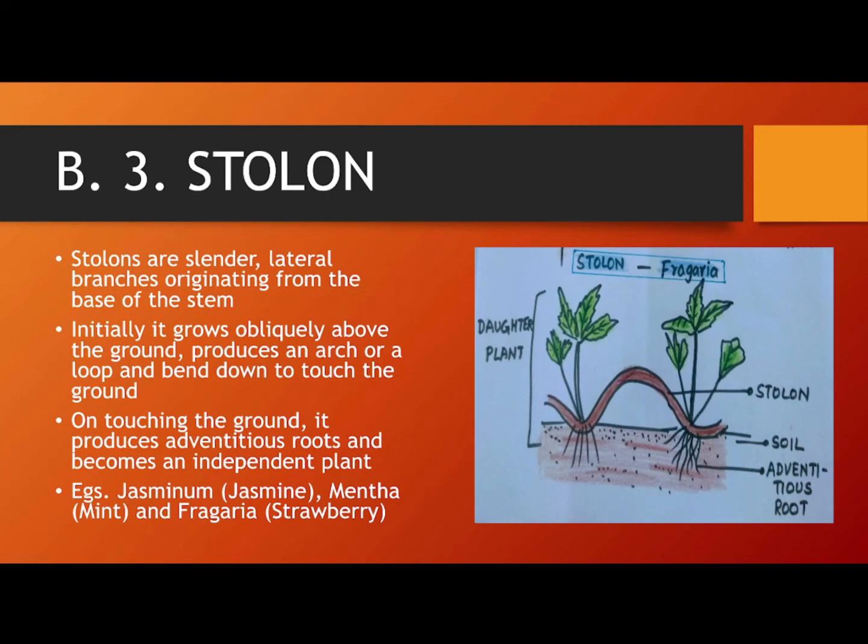This loop bends down, touches the soil, producing adventitious roots at its base and a leafy shoot above. Thus this stolon can become an independent plant. Jasminum, mentha, fragaria are good examples of stolon.